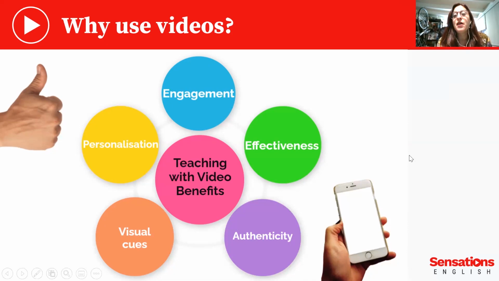And the possibility of having closed captions or subtitles in a video also makes it really effective for scaffolding the learning process of lower level students, for example. If there is authentic language and it may be too difficult, having closed captions can help.